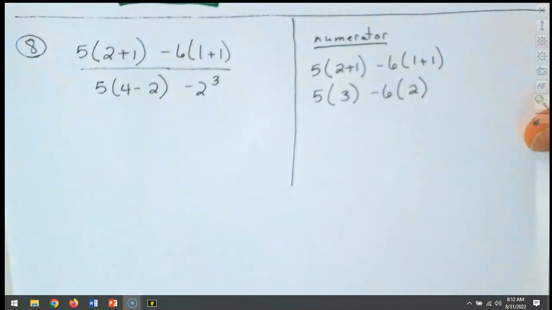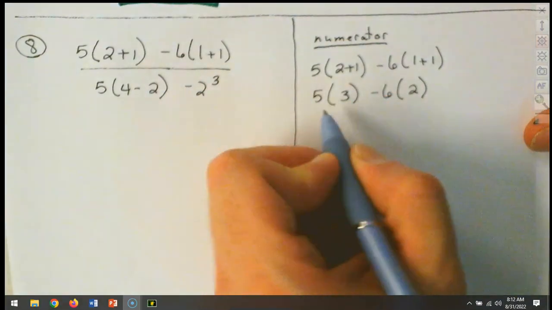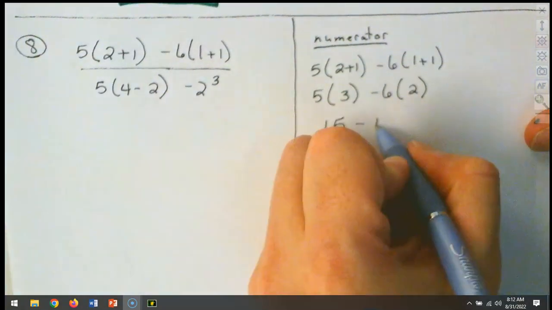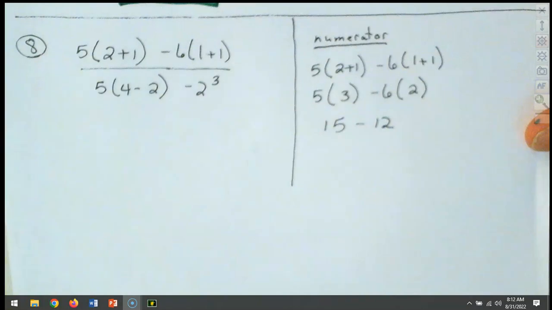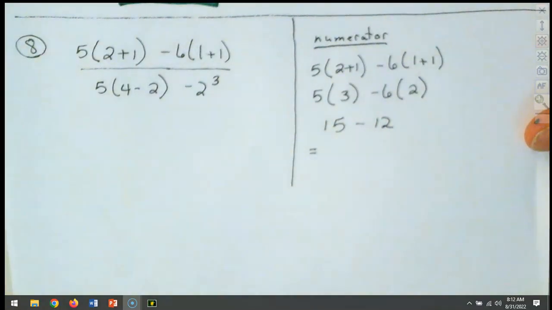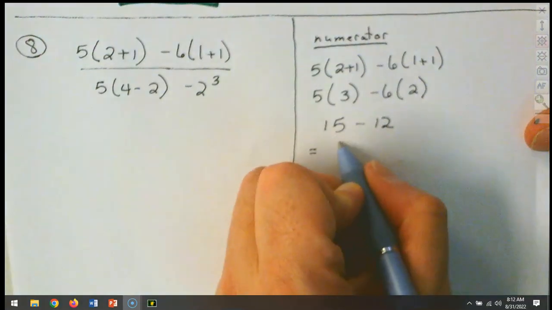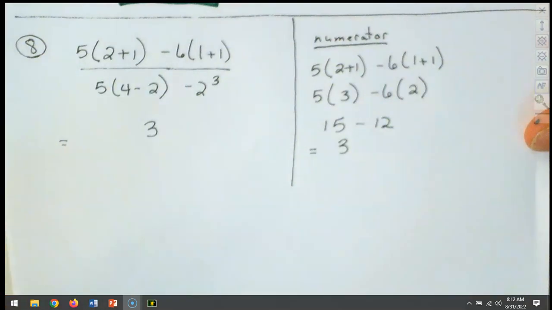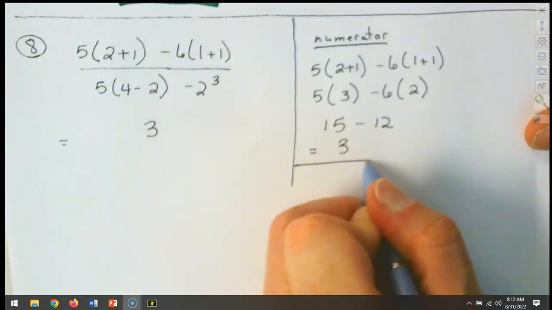Now we do our multiplication because that's next. So 5 times 3 is 15. 6 times 2 is 12. And now we take 15 minus 12, working from left to right. And 15 minus 12 leaves you with a 3. So the 3 is going to come down for the numerator, the top half.